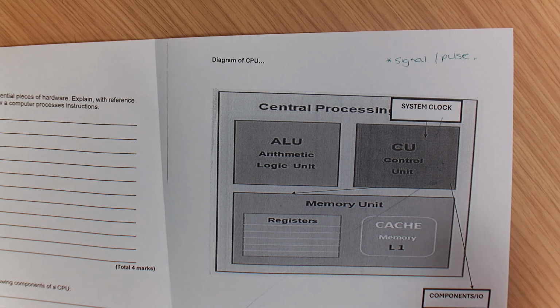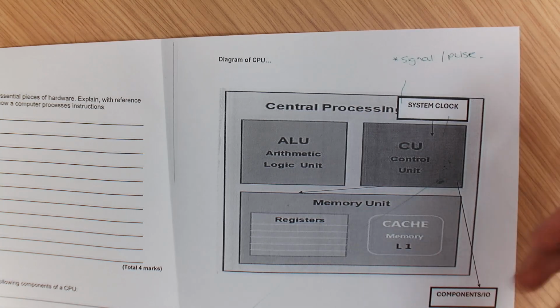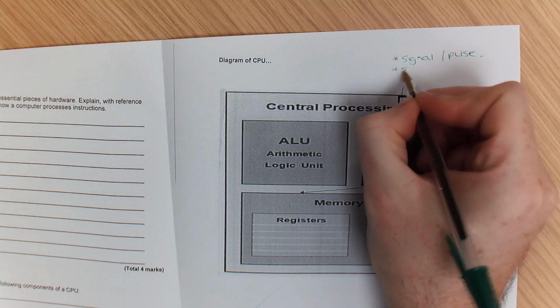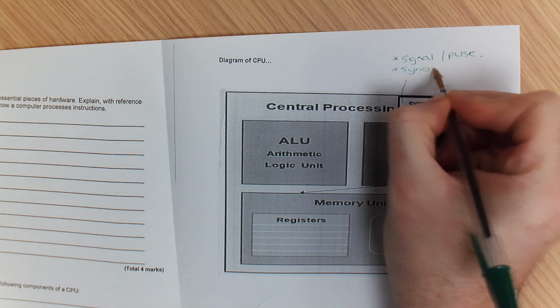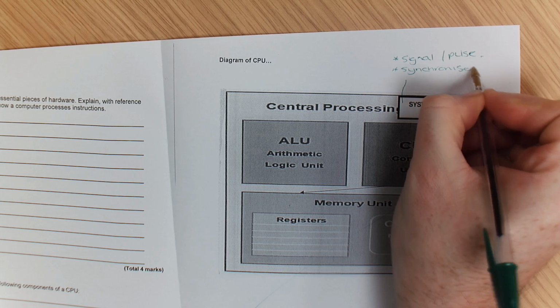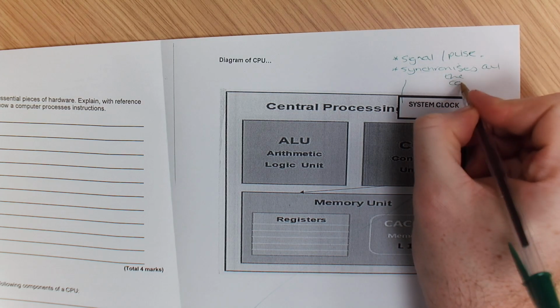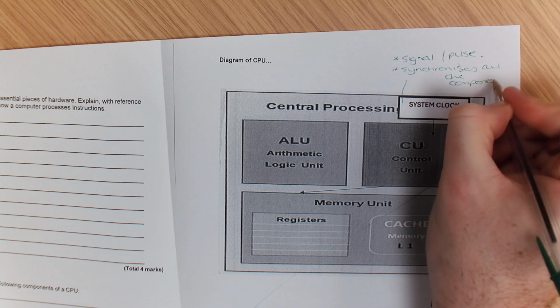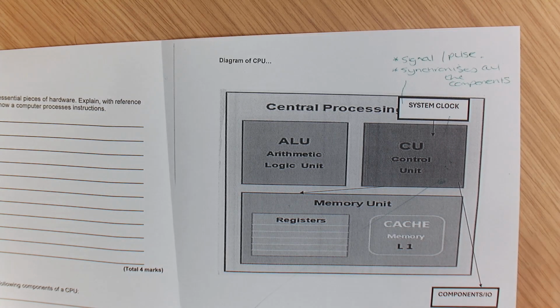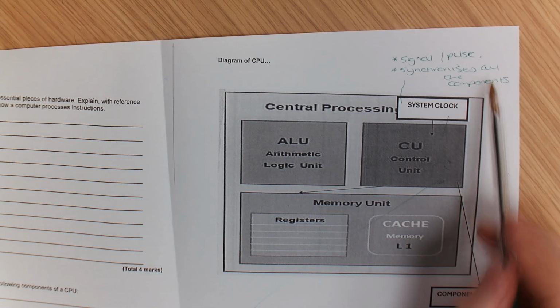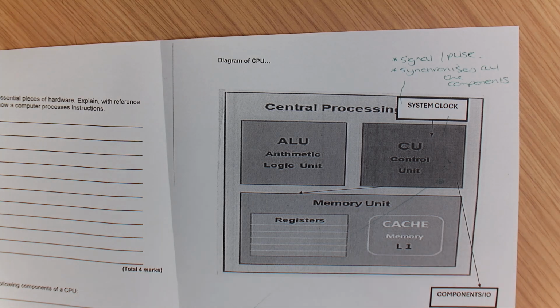That word, all right, when we're talking about the clock, a lot of people do not acknowledge that it synchronizes all the components. I'm sorry if you can't see this in the green pen, all right, but I've written there, synchronizes the components, okay?